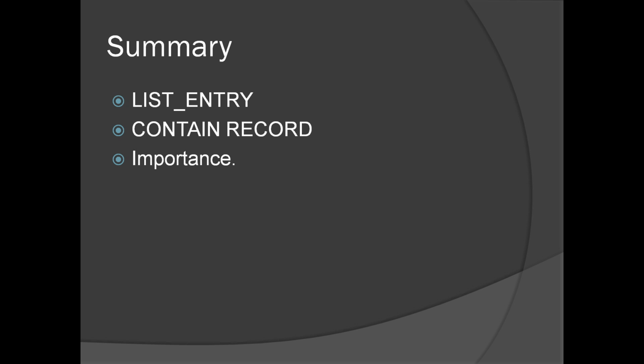So for containing record, I have pointed you to my previous presentation, and we have explained a couple of differences of list entry with the normal linked list or doubly linked list scenario we have seen before. So I really recommend you spend quality time on this if you don't understand.